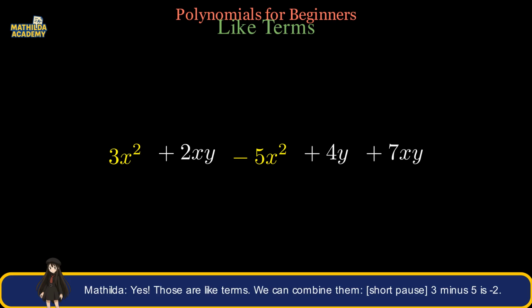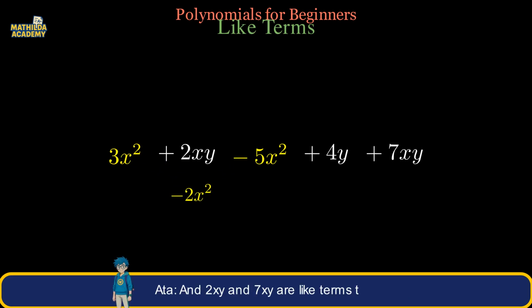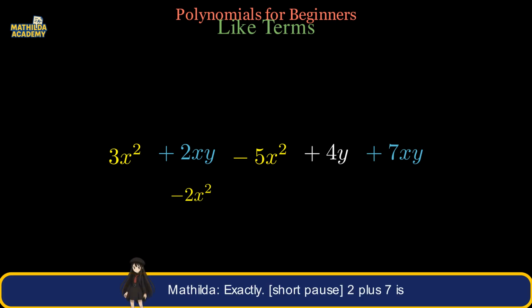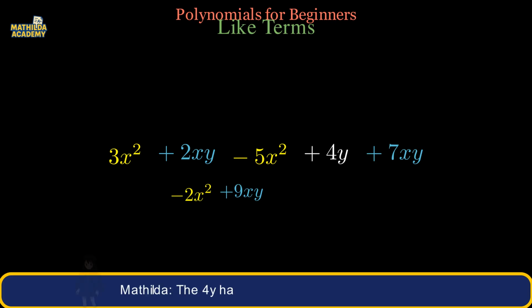We can combine them. 3 minus 5 is negative 2. And 2xy and 7xy are like terms too? Exactly. 2 plus 7 is 9. The 4 has no friends. It stays as it is.